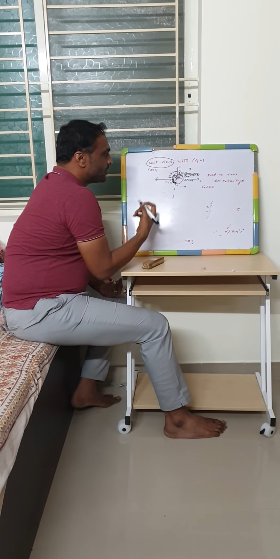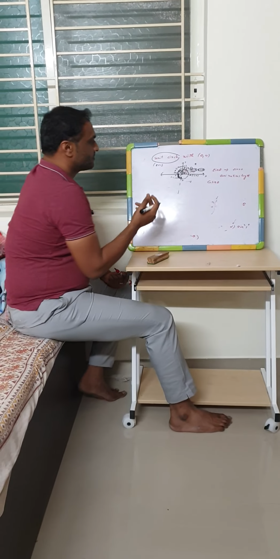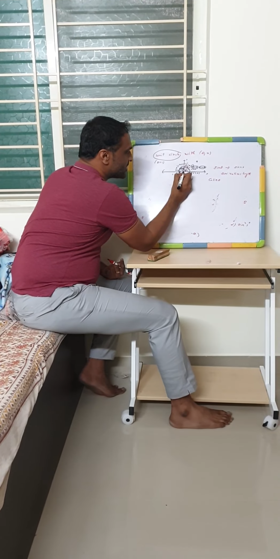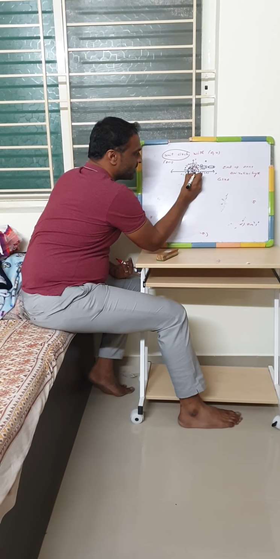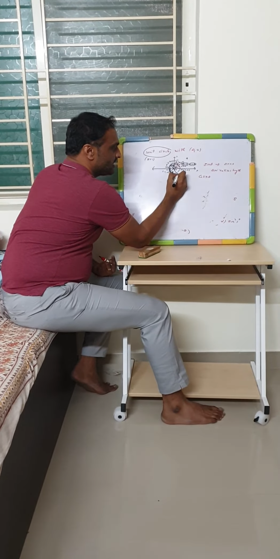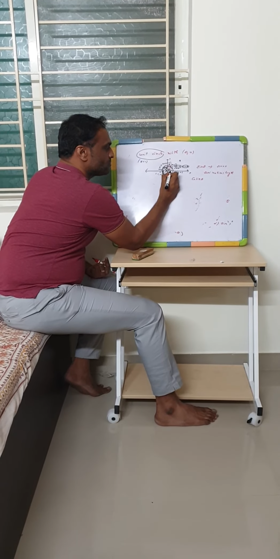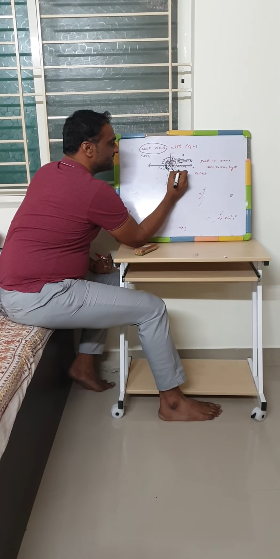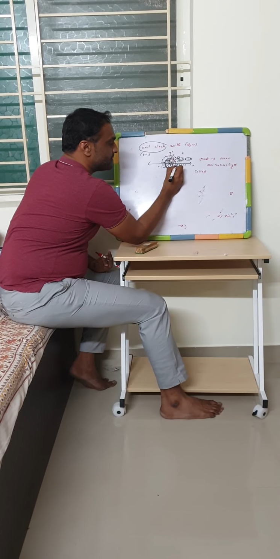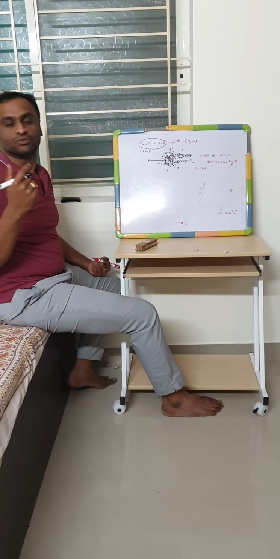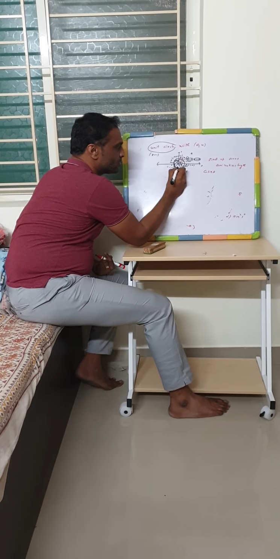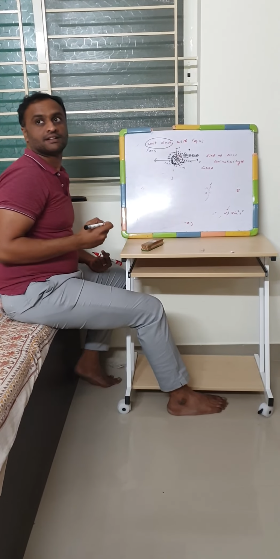Similarly, you can rotate clockwise also. As per our convention, clockwise is negative. If I rotate through an angle minus gamma, from here we have to draw the perpendicular distance to the x-axis. That is your sin of minus gamma, since I have rotated clockwise, and the perpendicular distance to the y-axis is called cos of minus gamma.